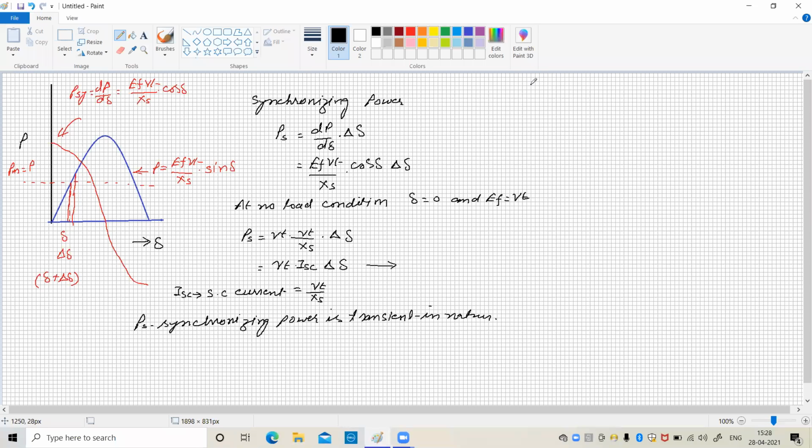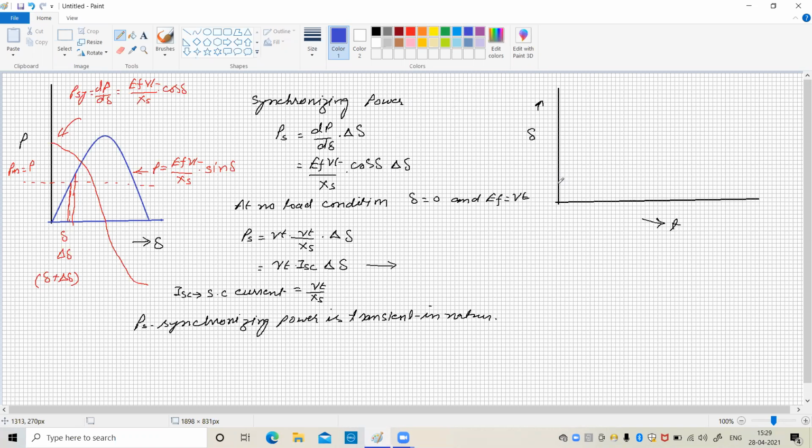Say for example, this is the angle delta and this is the time. Initially the system is working at delta 0.